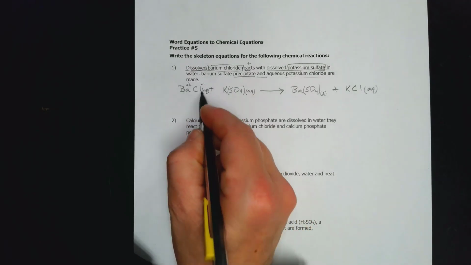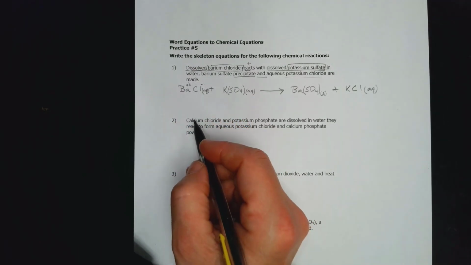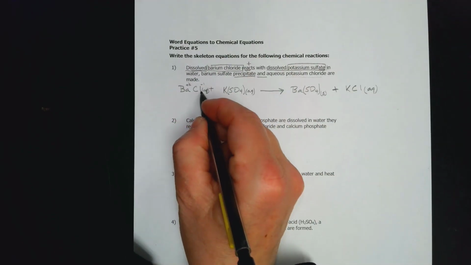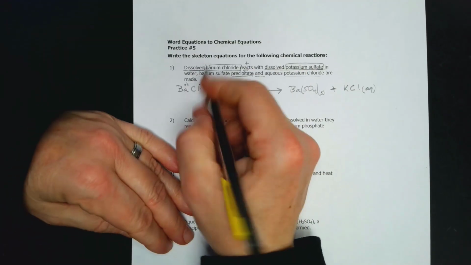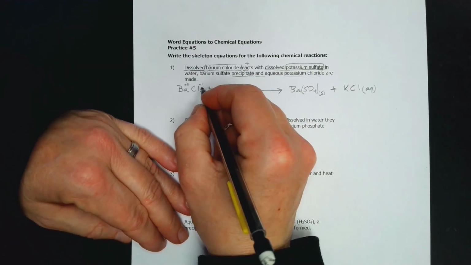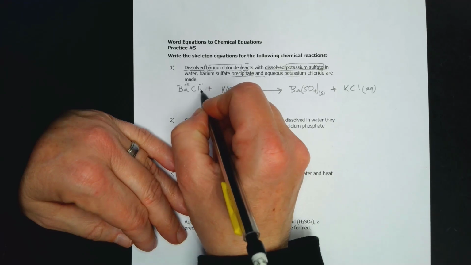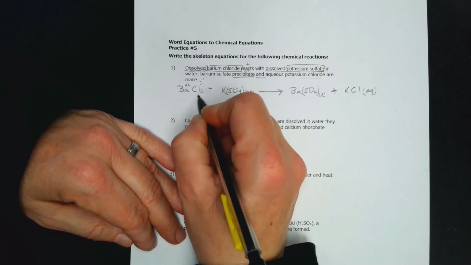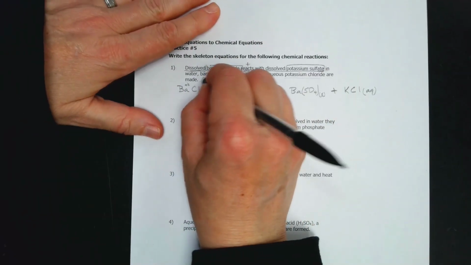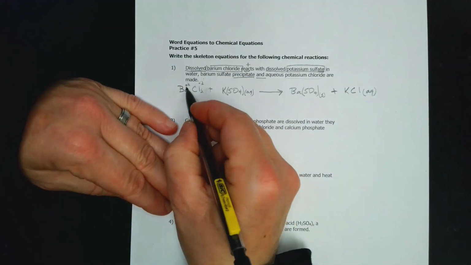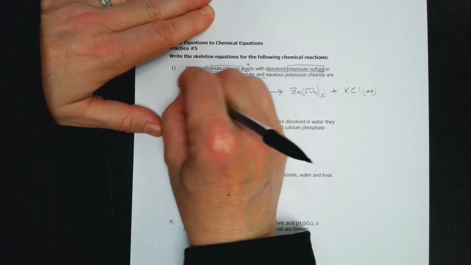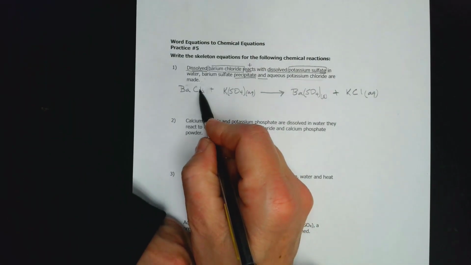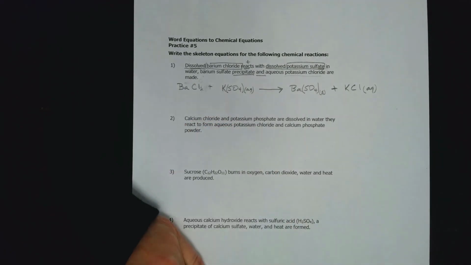So right now, this compound is not electrically neutral, which means I'm going to need some more chlorine, which means that I'm going to go ahead and erase my little aqueous symbol here, and I'm going to put in the subscript of 2, because now I have 2 chlorines, each with a charge of -1, which means that the overall charge of chlorine now is -2. +2 plus -2 means that it has an overall charge of 0, so this is ready to go. This is now a correctly written ionic formula for barium chloride.